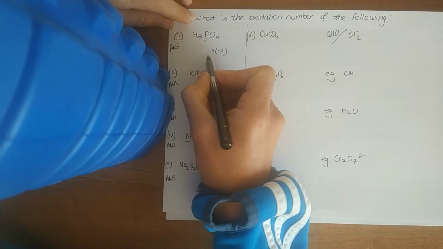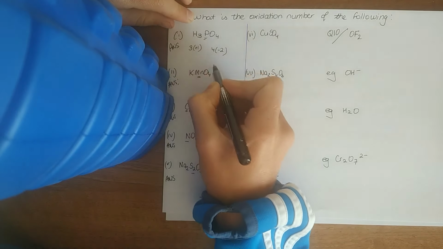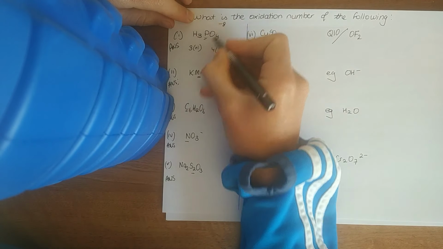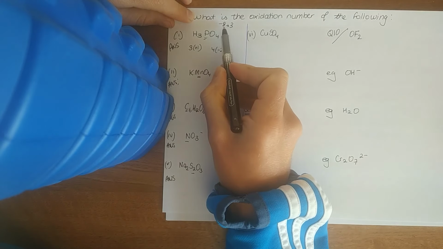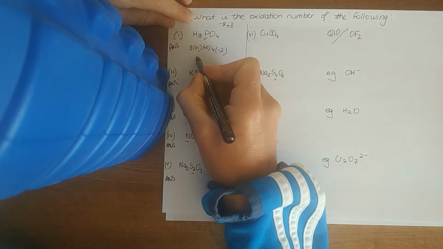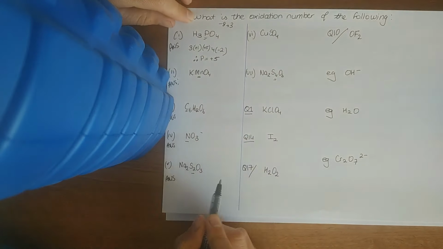Hydrogen then has an oxidation number of +1, and there's 3 of them, because remember it's a charge that one atom appears to have. So I've got -8 +3, and I want to get it back to 0. So -8 plus 3 is -5, so that must be +5. Therefore, phosphorus, since it asks in particular, is +5.